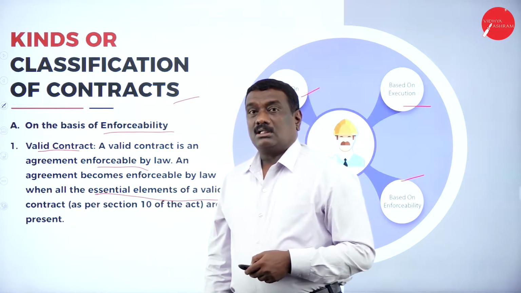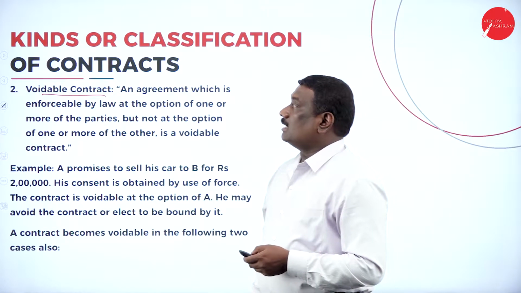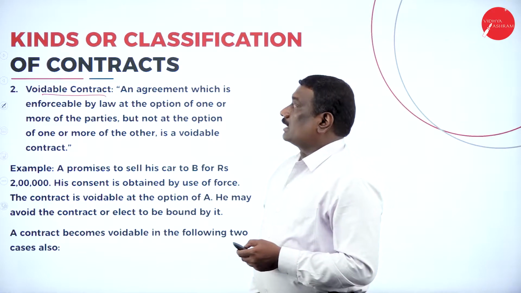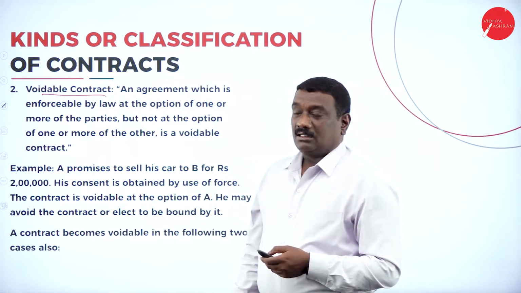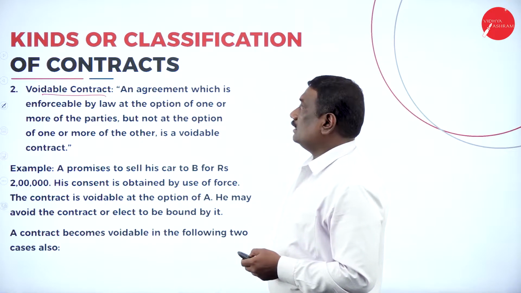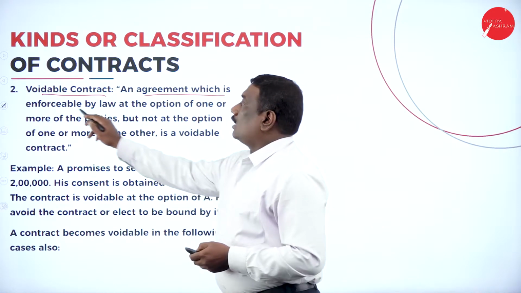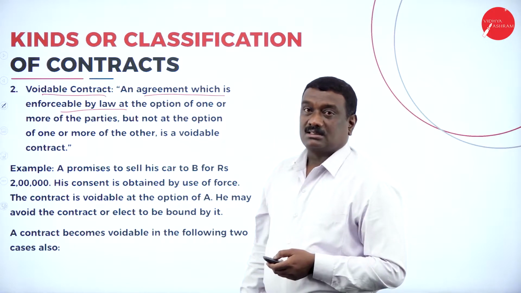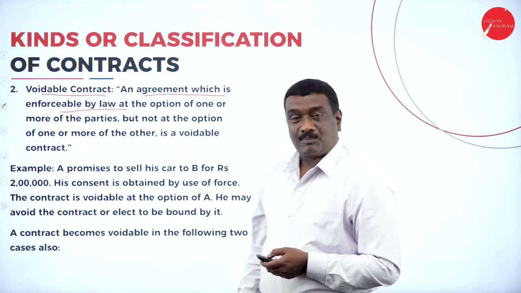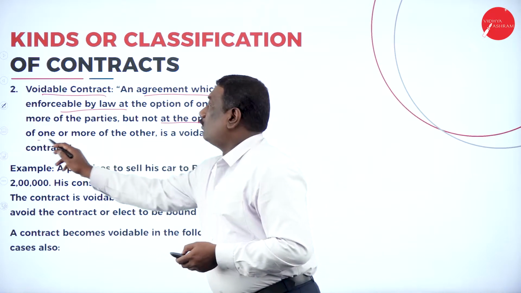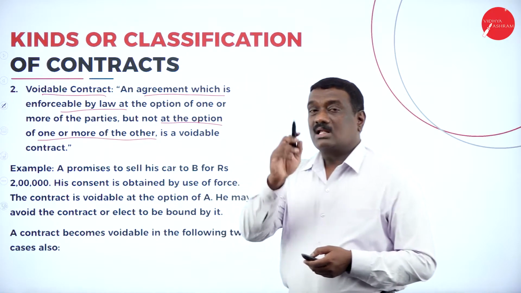Now moving on to the next type under this classification of contracts, that is on enforceability. It is the voidable contract. What is a voidable contract? An agreement which is enforceable by law at the option of one or more of the parties, but not at the option of the other or others. So this is very important.